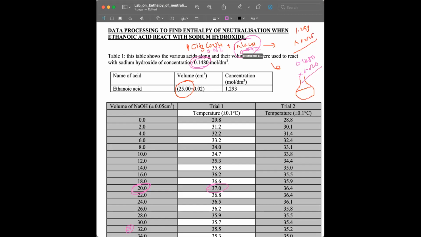The expected answer is 0.032. What is the actual answer? 0.00296. You see the difference? It's more than 10 times. Do you understand? So there is a problem in the readings only.